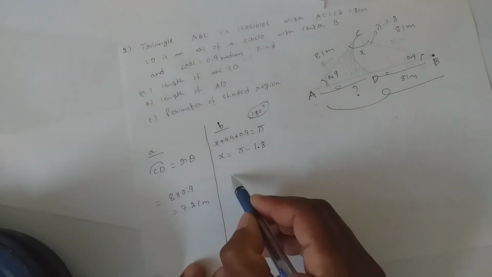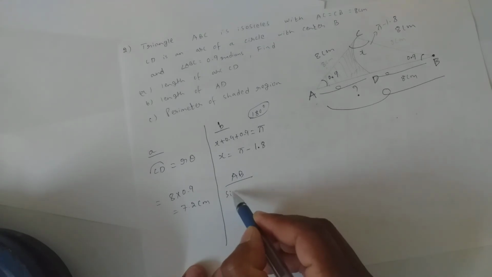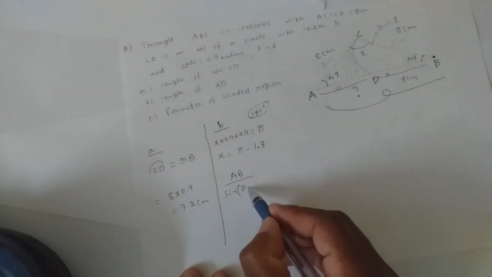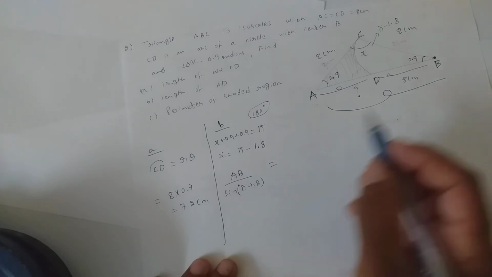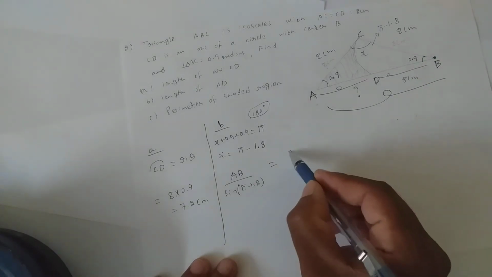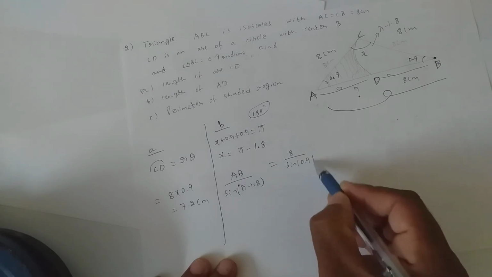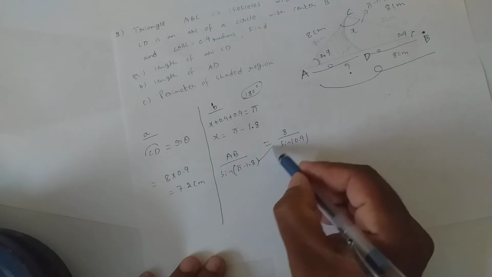Now let me use sine rule then. I get AB by sine of opposite angle. So opposite angle is pi minus 1.8. Clear? Equal to 8 by sine of opposite angle 0.9. So now shift this to the other side.